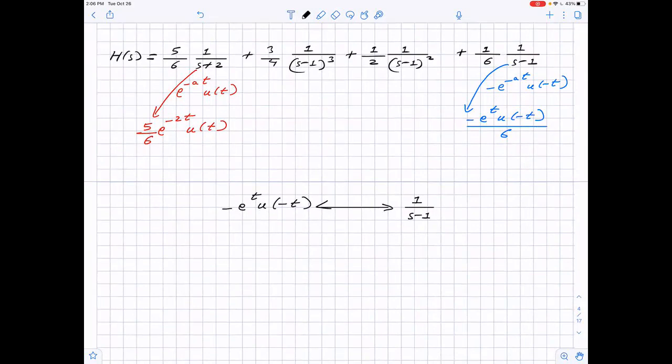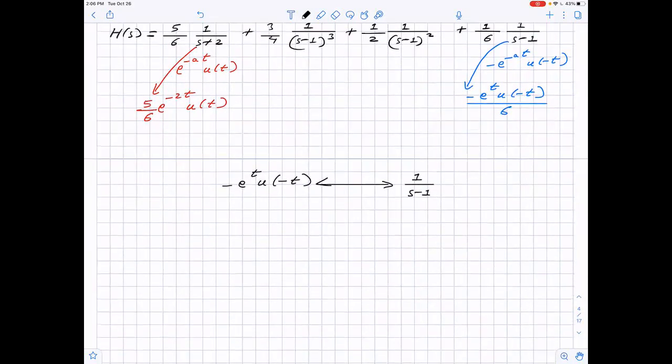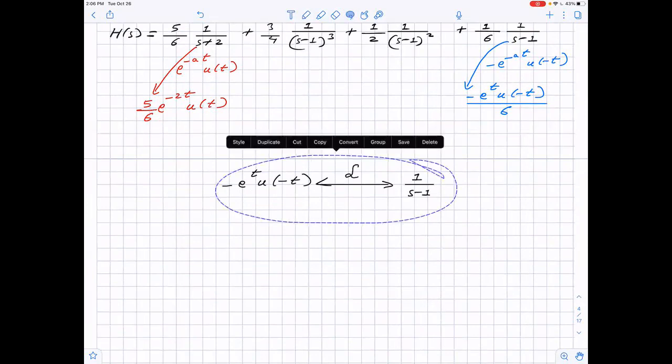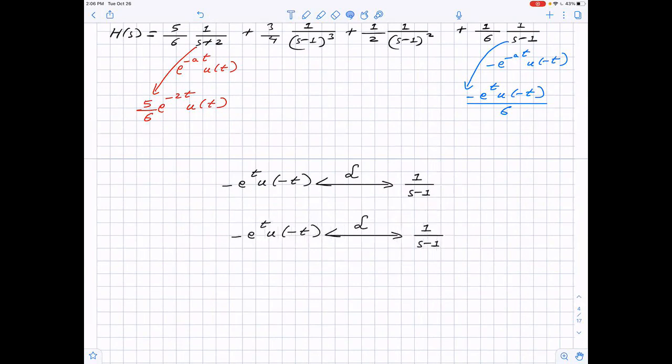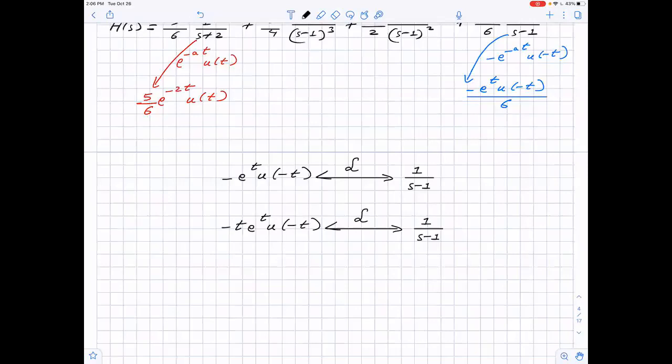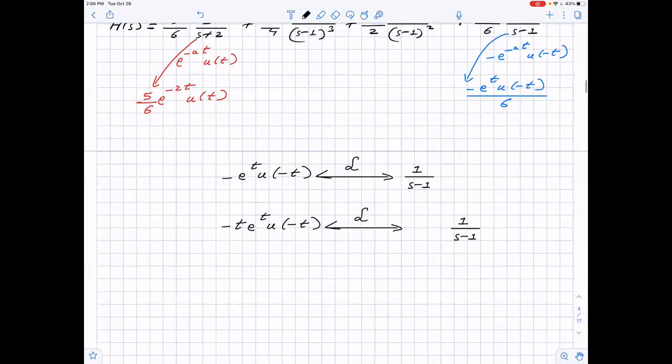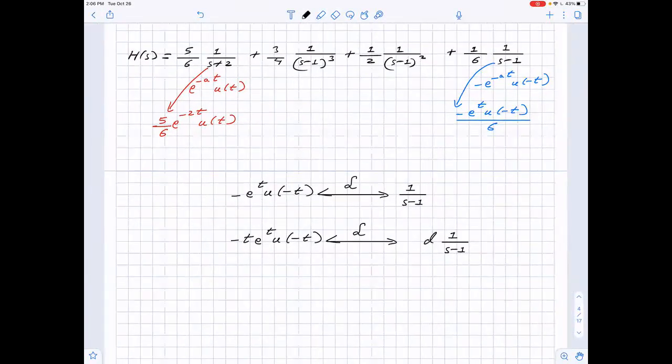And now consider the multiplication by t property of Laplace transform. If in the time domain we multiply our function by t, then in the S domain what we have to do is differentiate with respect to S, and we also have a negative sign.